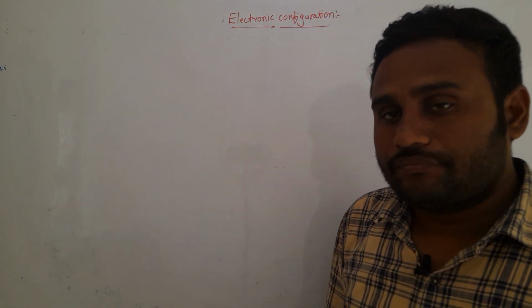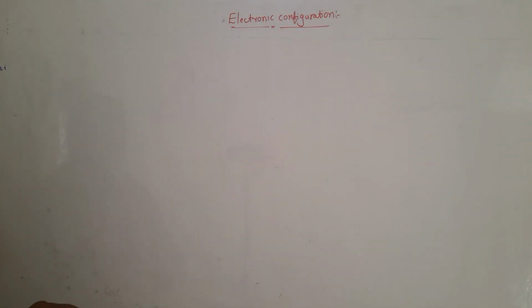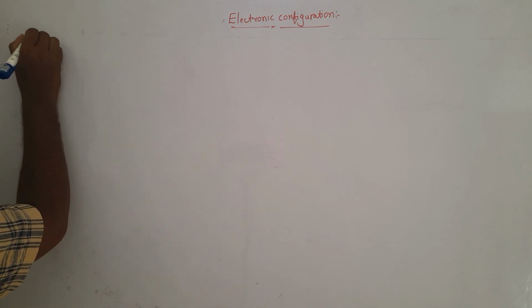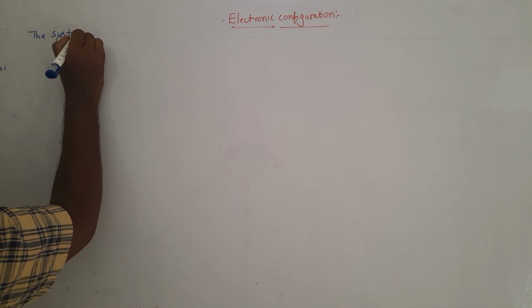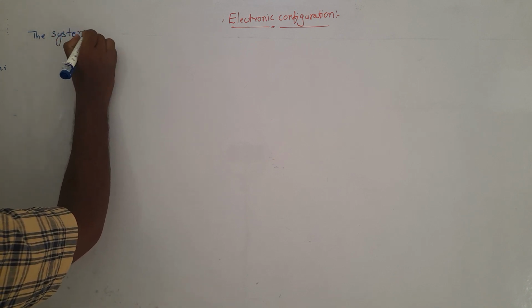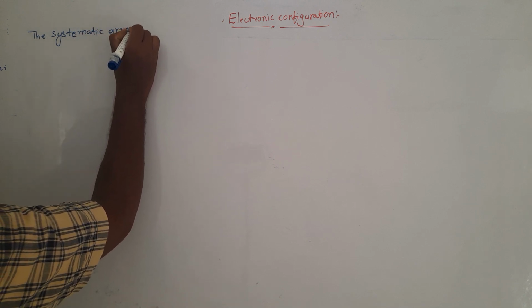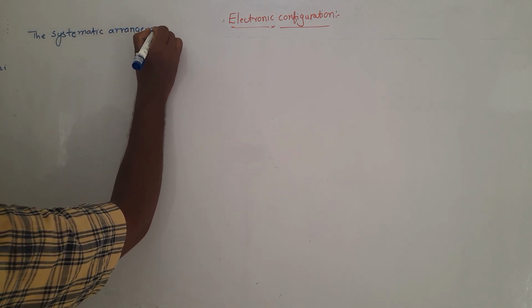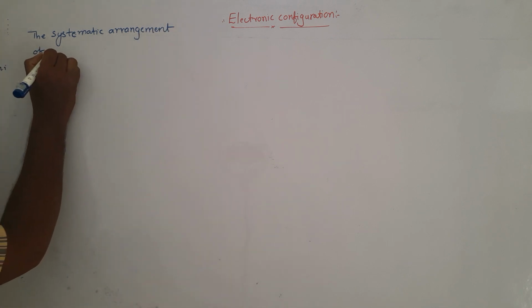So here, what is the electronic configuration? Electronic configuration is nothing but the systematic arrangement of electrons.